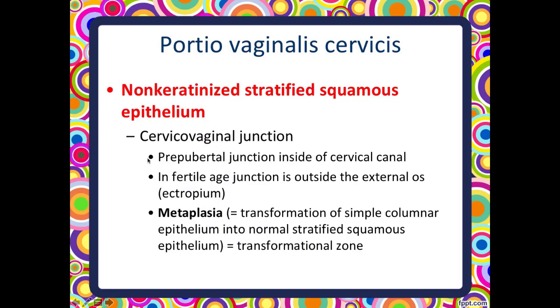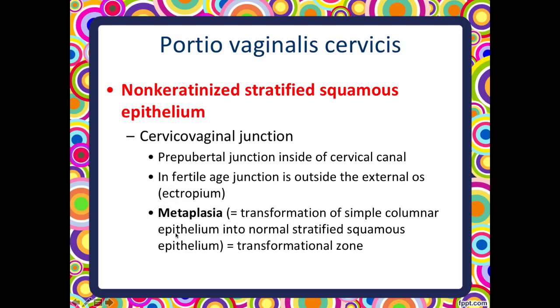I said that the prepubertal junction is within the cervical canal. Then in fertile age it shifts outside, and then sometimes it can shift back to the endocervical canal, and this transformation of the simple columnar epithelium into normal stratified squamous epithelium is called metaplasia.